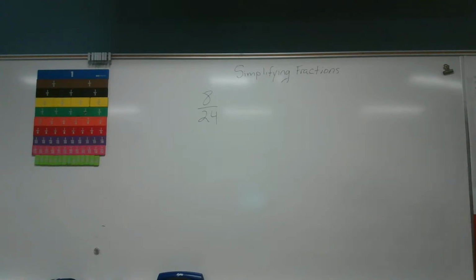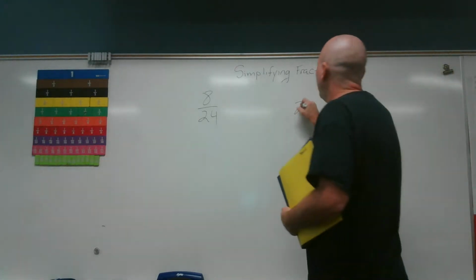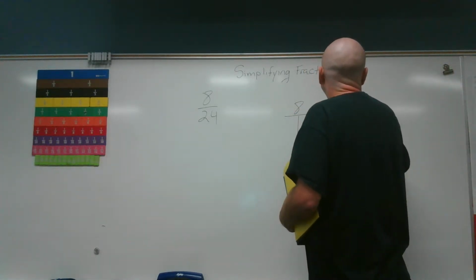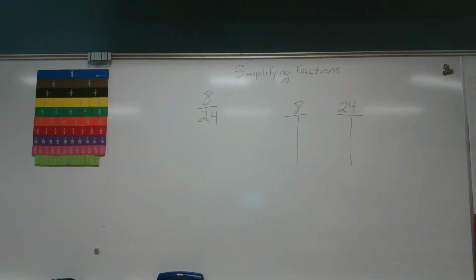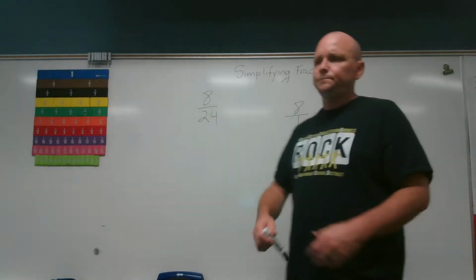We need to find the greatest common factor of 8 and 24. We're finding the greatest common factors of our numerator and our denominator. So we're making factor pairs, which we've spent many a day working on.